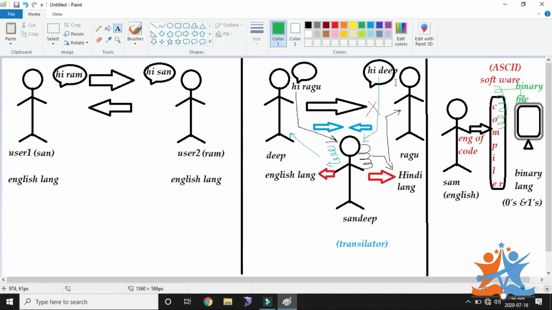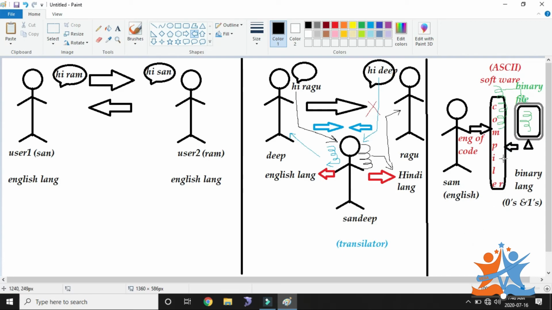Then the system will do internal processing on that binary code and generate output information to the compiler.